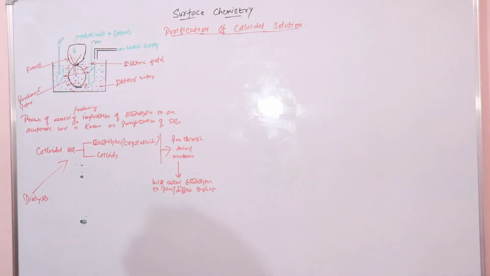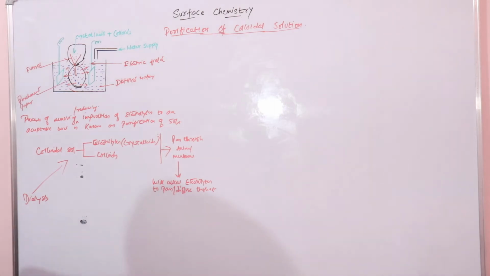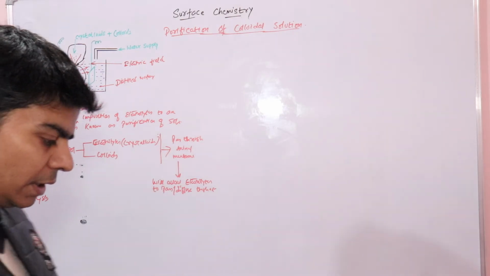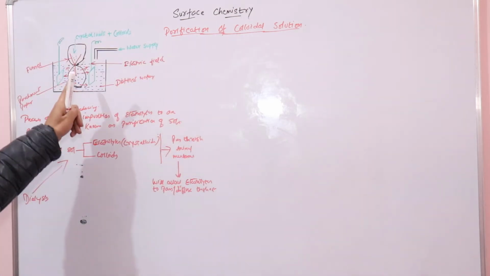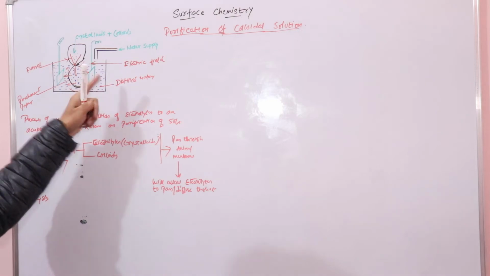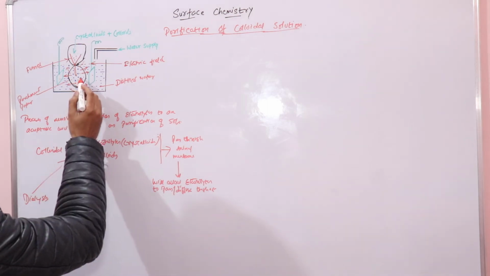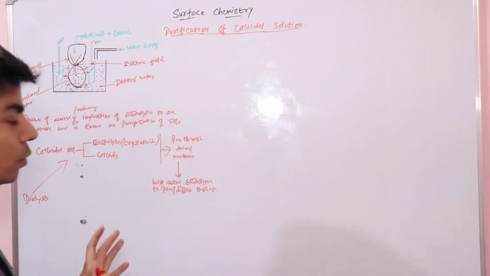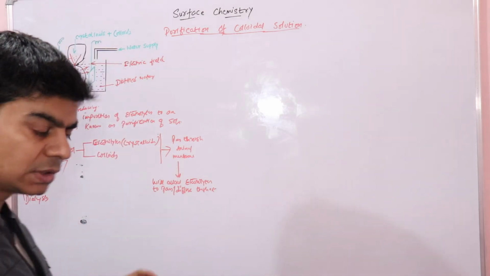So the plates that you see here, let's discuss that now. Since we said that we are removing electrolytes, and we know that electrolytes contain positive and negative ions, these positive and negative ions are moving out through the pores of this parchment paper. One thing is that this process of dialysis is quite slow.